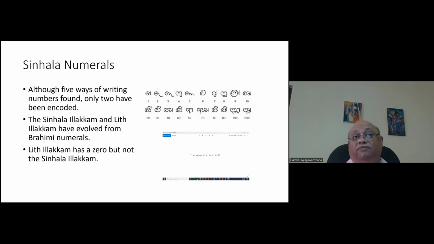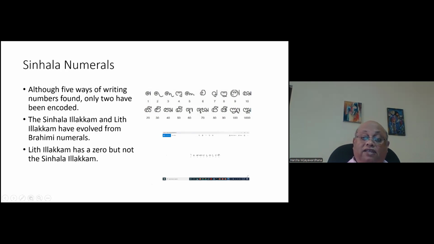So they would have evolved from the Brahmi from somewhere in the 4th century, roughly about the 4th century CE, prior to the Tamil numerals, because Brahmi had 10, 20, 30, 40, up to 90 symbols.